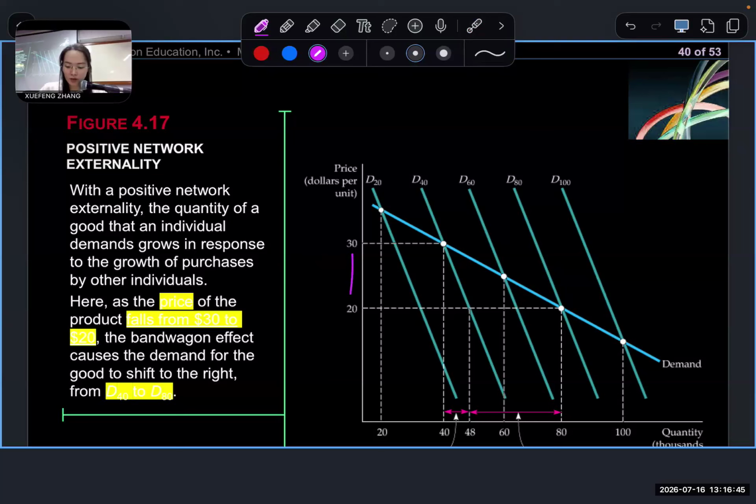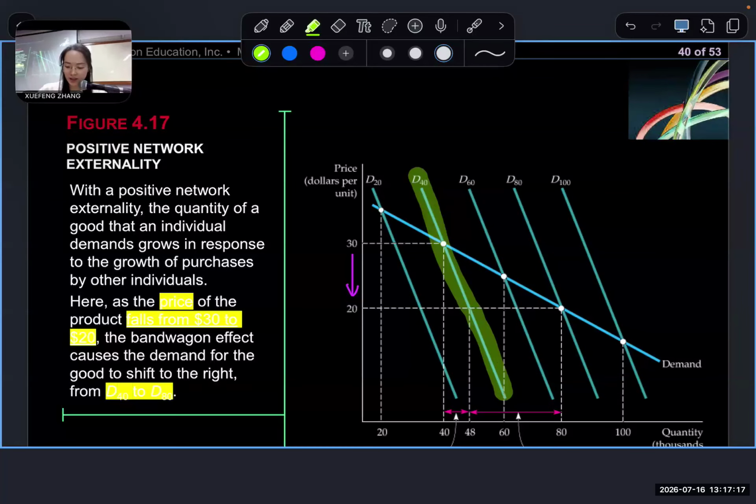So for this demand curve, you personally buy more, right? The price is 30, you buy 40 units. And when the price is 20, you buy 48. Let's look at this curve, D40.